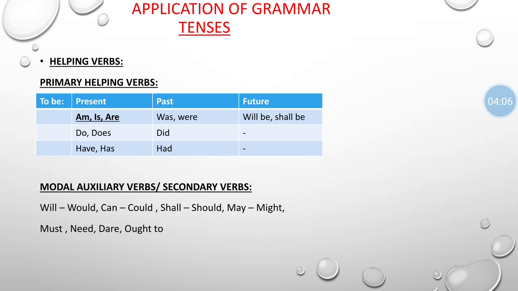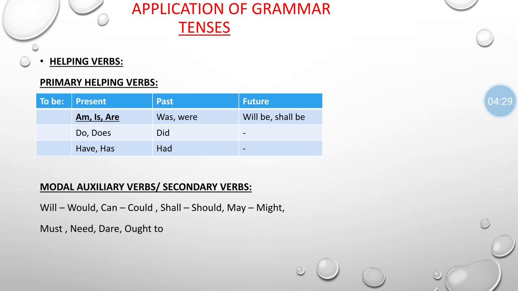Primary helping verbs. For present tense, we use am, is, are, do, does, have, has. For past, was, were, did, and had.